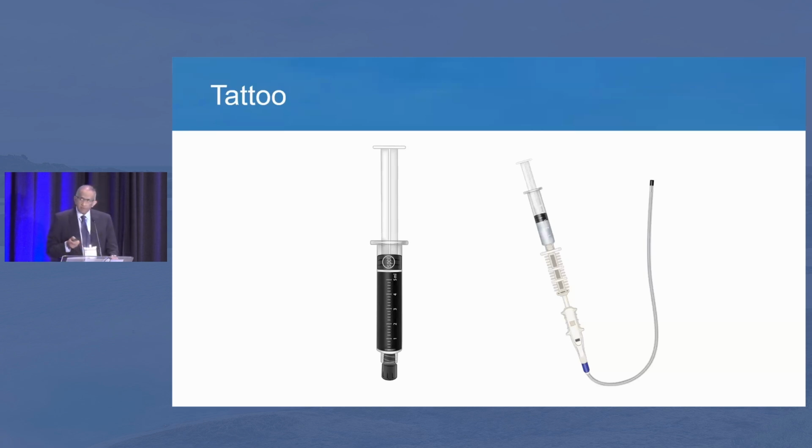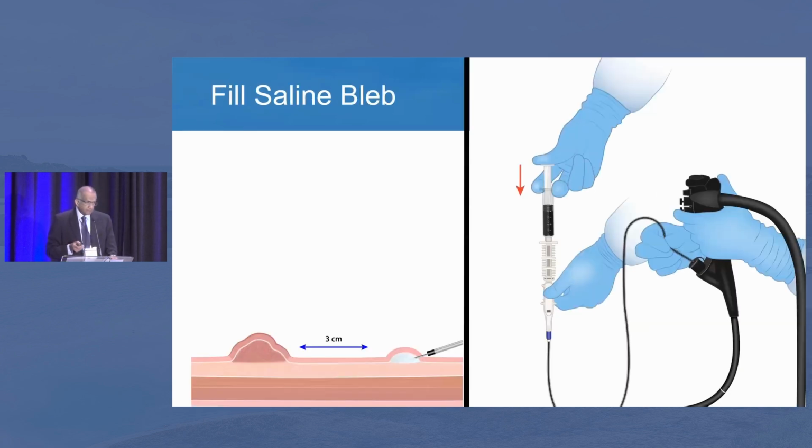And when it comes to marking the site, what I do is I have my catheter filled with saline, and then I ask my assistant to take the tattoo, the carbon particle injection material, and flush the catheter till it comes and stops just before it enters into the scope, so that the catheter inside my scope has still saline.